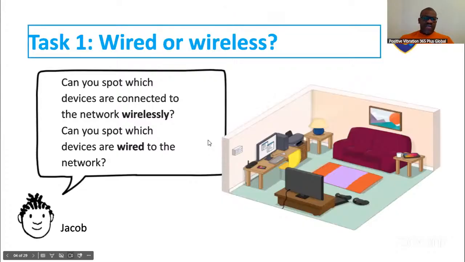Now, for the activity that's on there, I wanted you to write down all of the devices that you can see in the space provided, and specify whether each is connected to this home network using wire or wireless, or if it is using both.